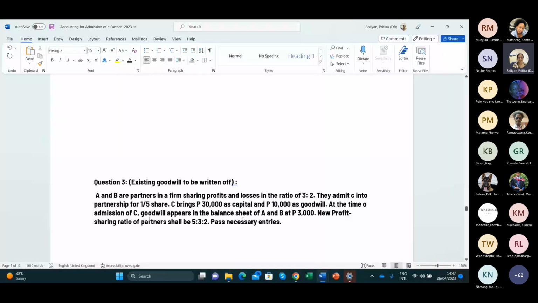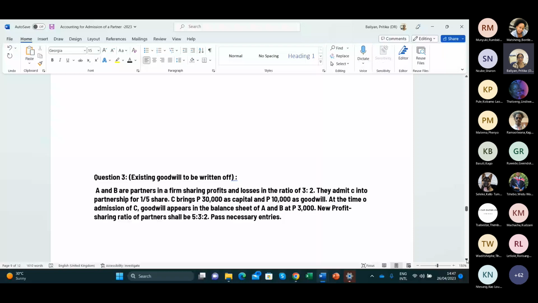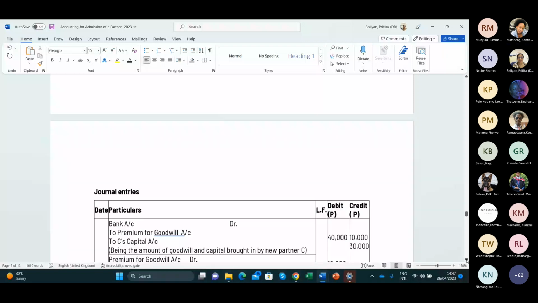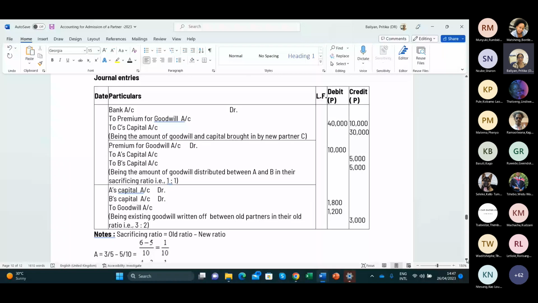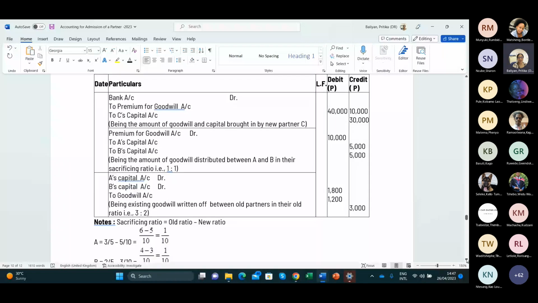So the new partner will also share the old goodwill. Now 3,000 is the goodwill which is going to be distributed between A and B in their old ratios, 3:5 and 2:5.